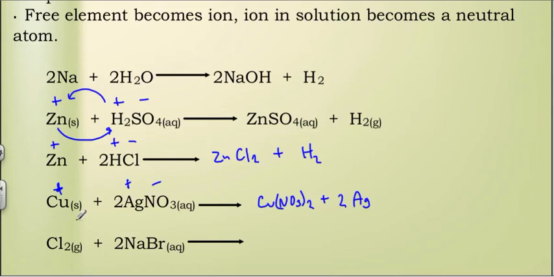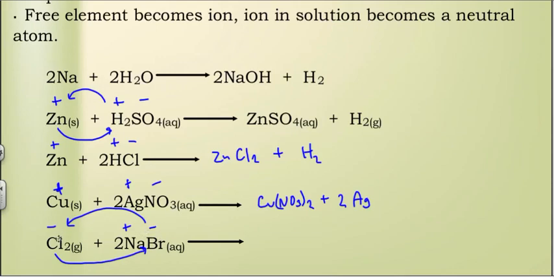And the last one: chlorine is negative, sodium is positive, and bromine is negative. Here we notice we've been switching the first element of each of these binary ionic compounds, but in this one we're actually going to switch the back one. If you know anything about naming, you know that the positive cation always goes first and the negative anion goes second.